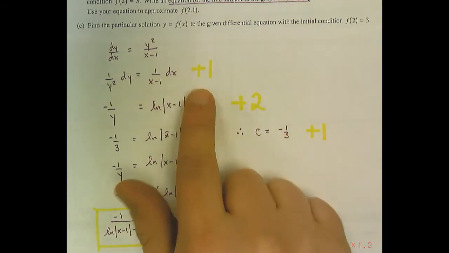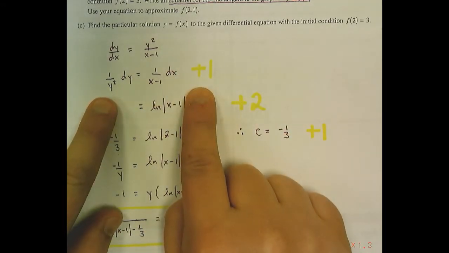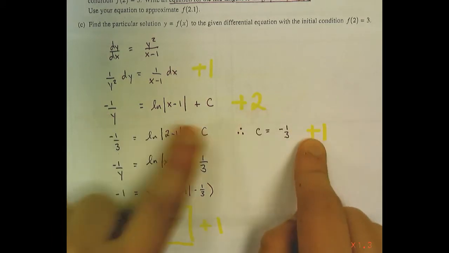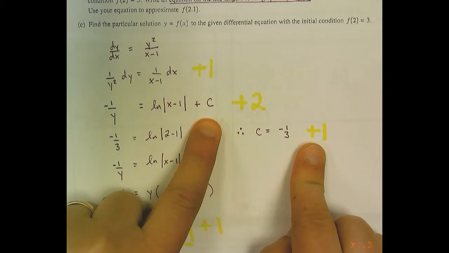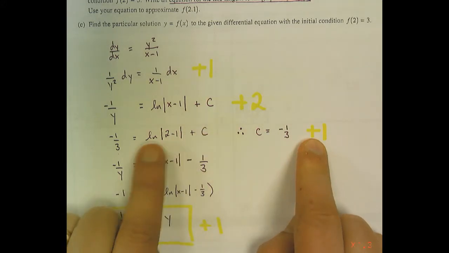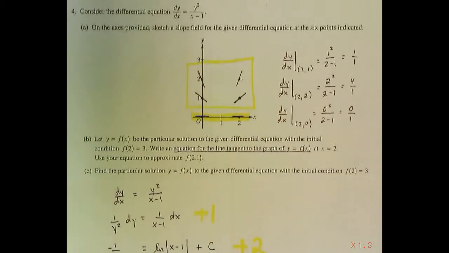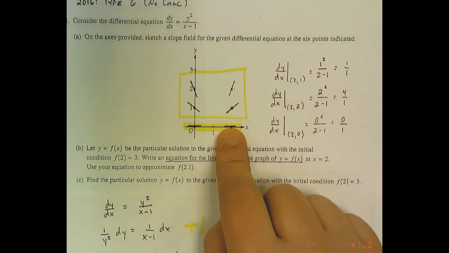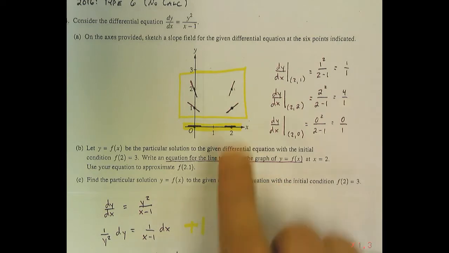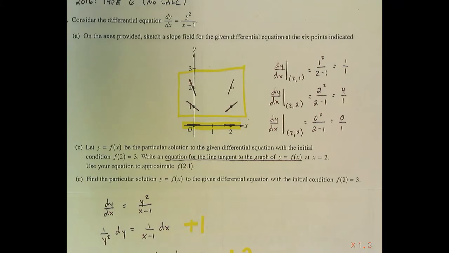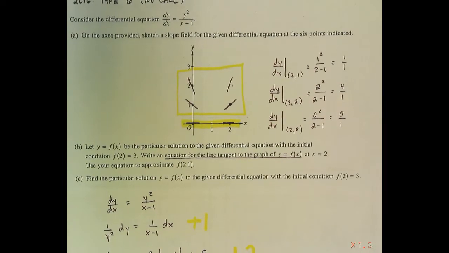Very commonly, 1 point for the separation, 2 points for the antiderivatives, 1 point for the constant of integration, and sometimes they give you 1 point for plugging in the initial condition, and then 1 for the final answer. And then in general, the slope field is usually worth 2 or 3 points, and then the extra thing they throw in there, sometimes 1, sometimes 2 points.